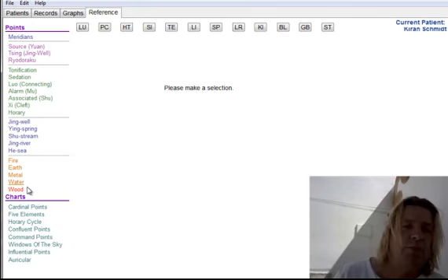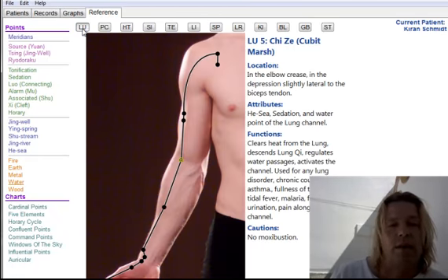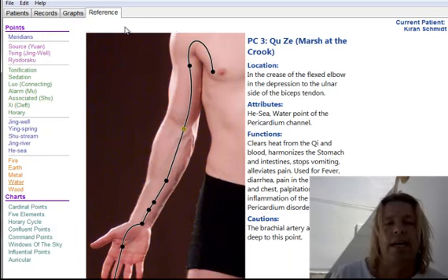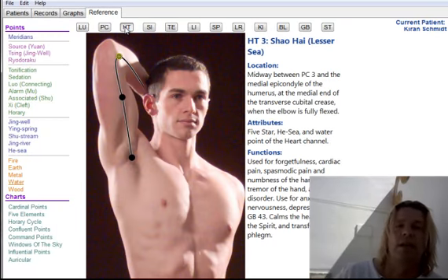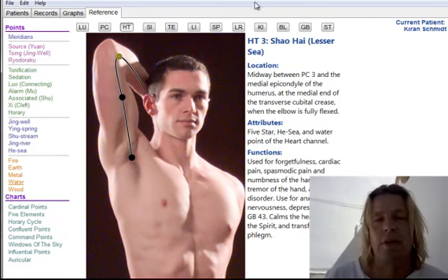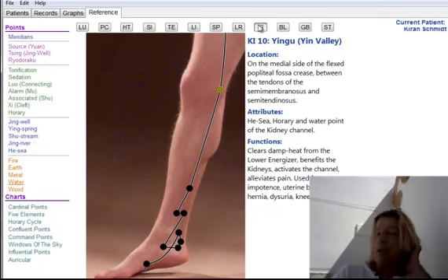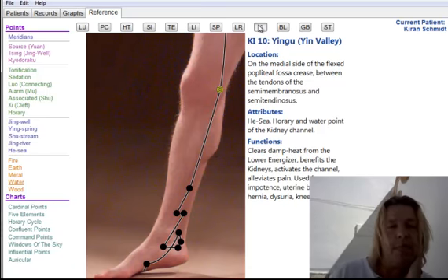And there's much more information here, but I just show you this, and it shows you in relationship to the lung, where's the point that you can then treat with the acupuncture electrode, or the pericardium, or the heart, and so on. Let's look at the kidney again here. So you can then know exactly where to apply those electrodes.